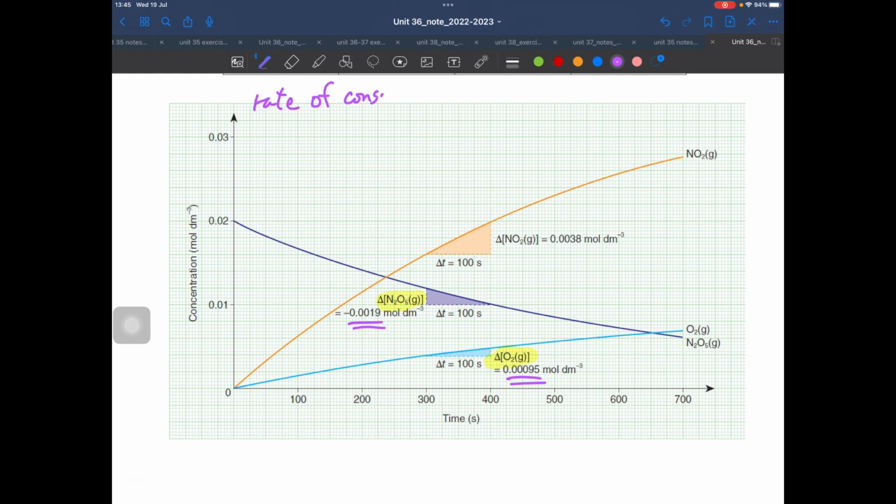Rate of consuming N2O5 equals to rate of forming O2 times 2. So we can get this from the graph. Okay, we consider the FH rate between 300 and 400 seconds, and we got this idea.